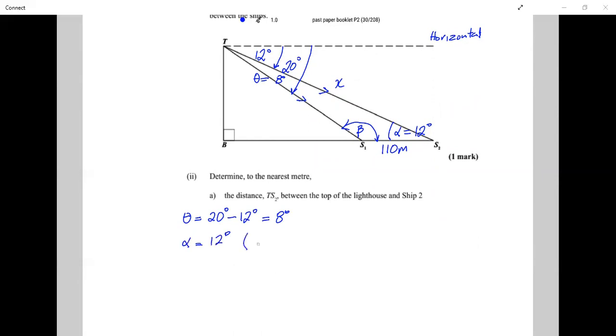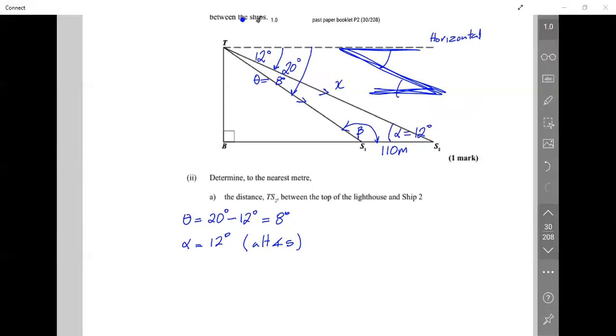They are alternate angles. All right, see it there? You can see it, it's like that. The alternate angles are Z angles. So if this is 12, this one is also what? 12. Alpha is 12 degrees, they are alternate angles.